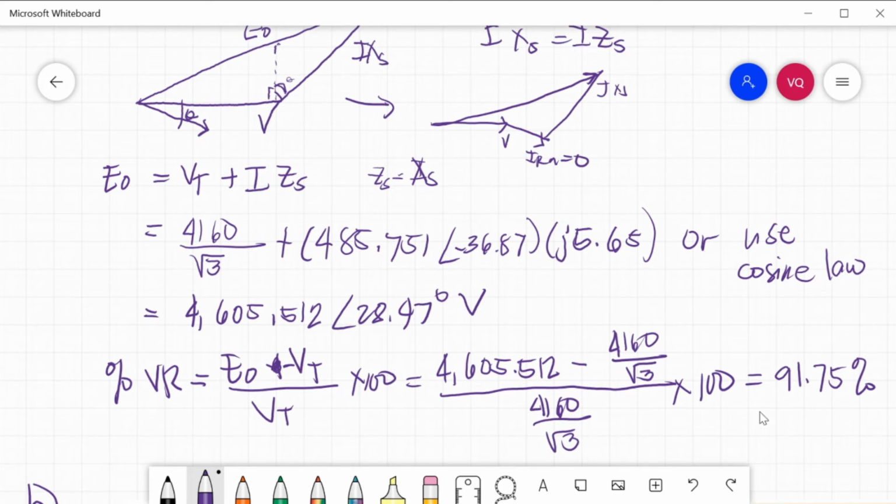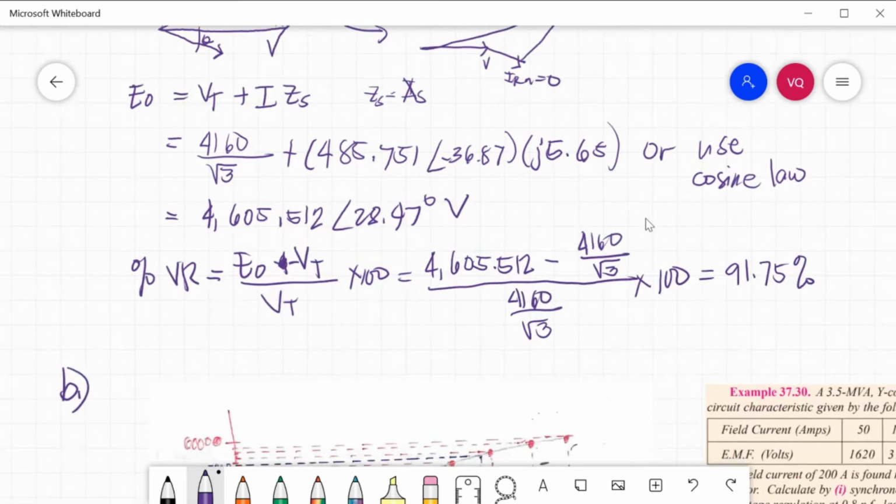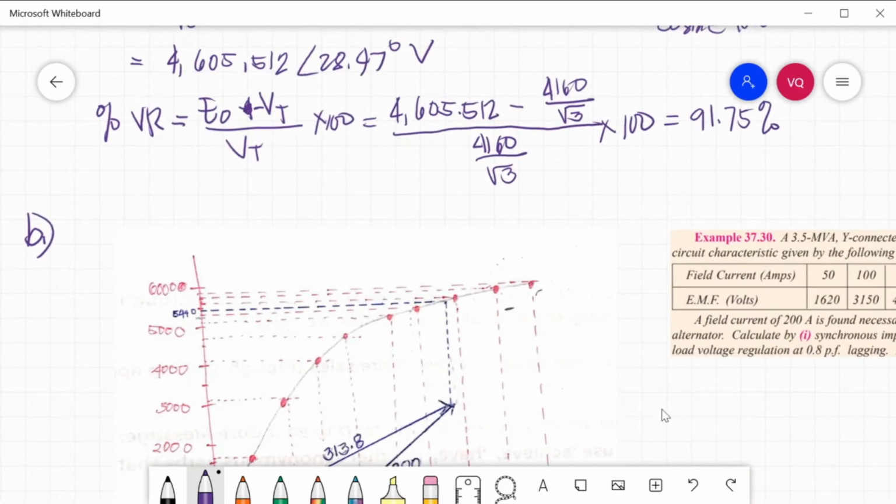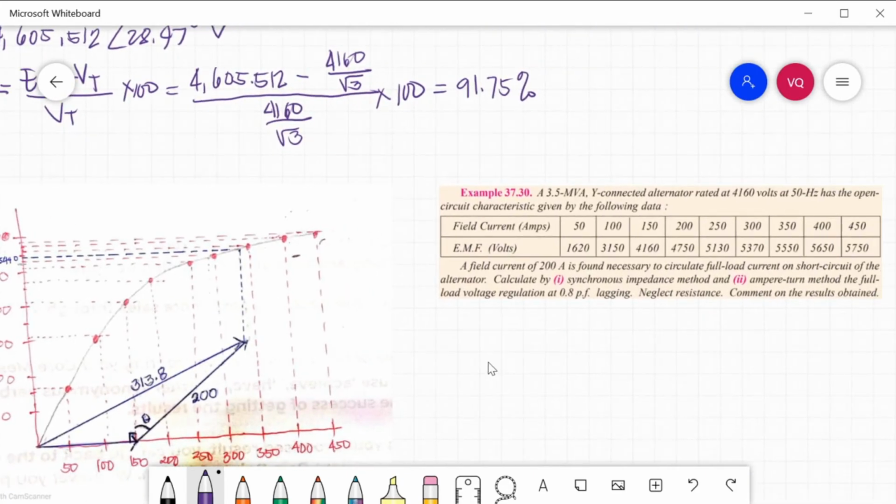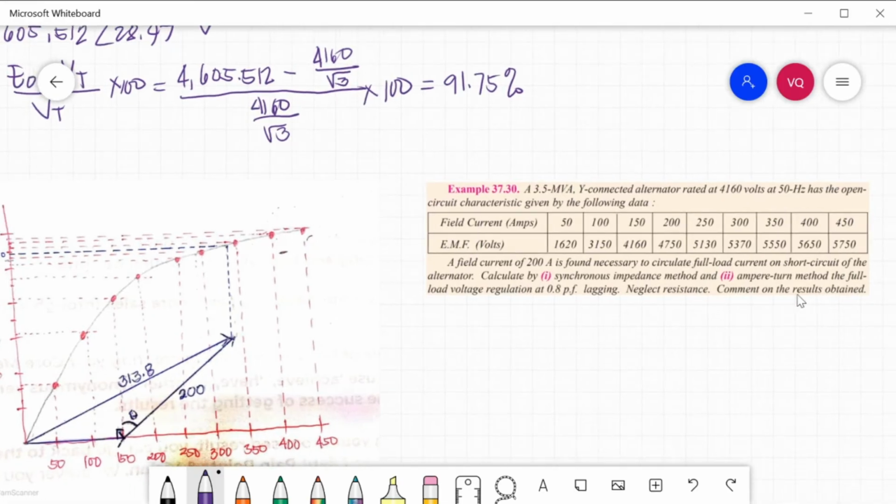For the second method, the ampere turn method, the full load voltage regulation at 0.8 power factor.